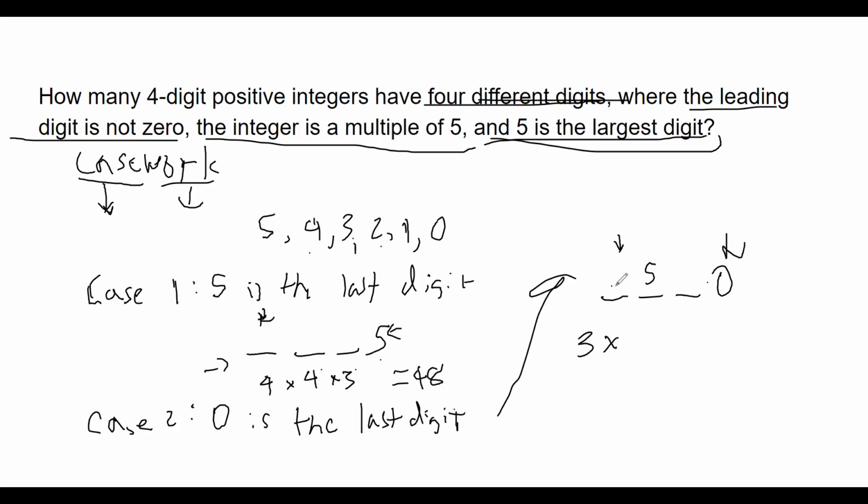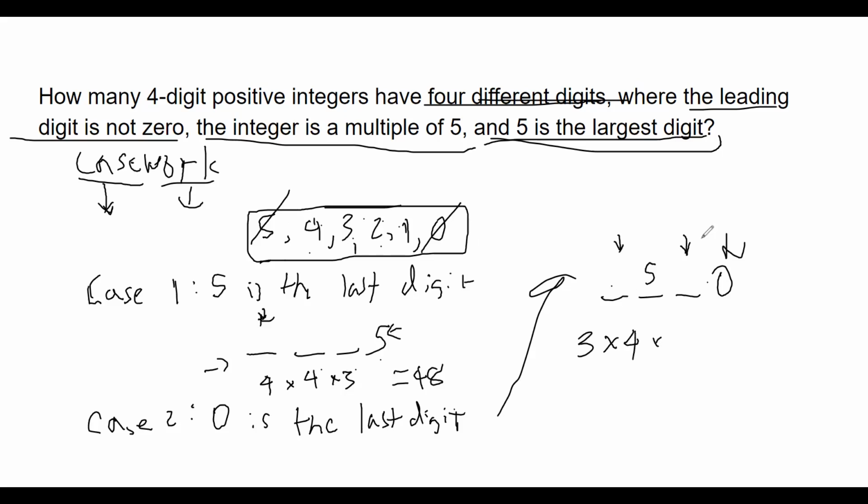You can't use the same digit twice, and these are the only digits you have as options to use, and you can't use 5 or 0. How many options do we have for this first digit? Right, it's 4. There are 1, 2, 3, 4 different numbers remaining. So we have 4 choices for the first one.